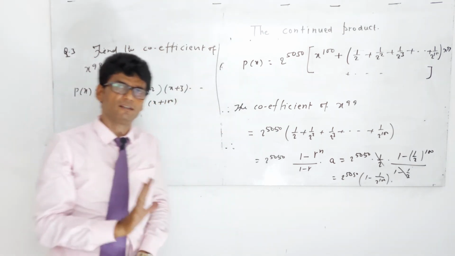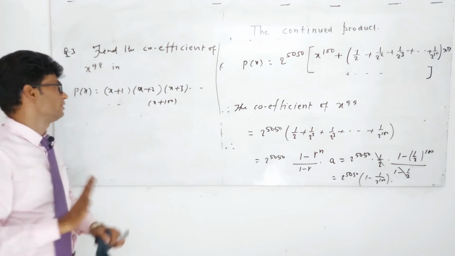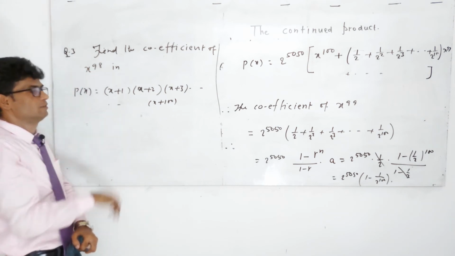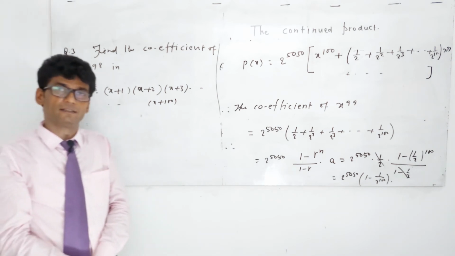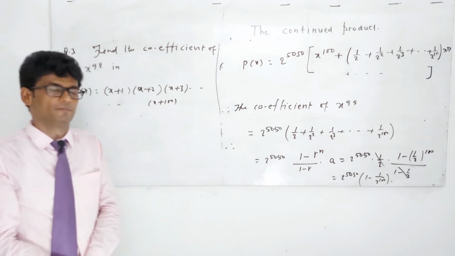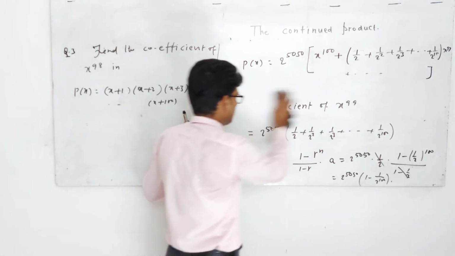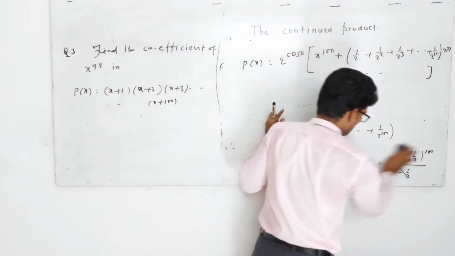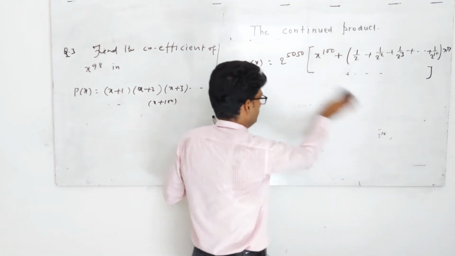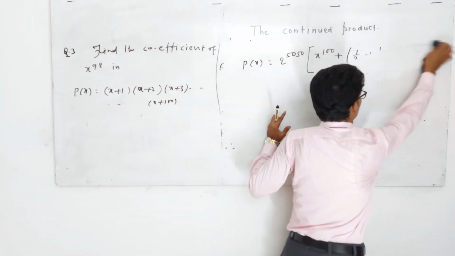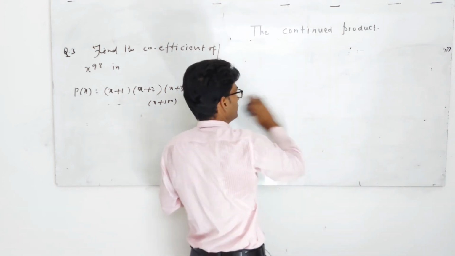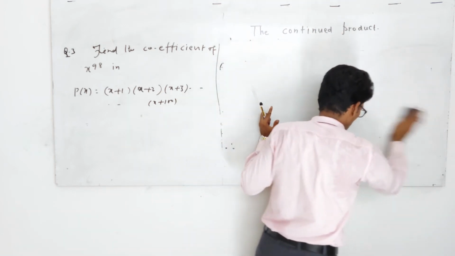So that is why we have to confine ourselves here up to the coefficient of x to the power of 98. Before indulging in that, we have to know an input. So firstly, we are going to discuss that.